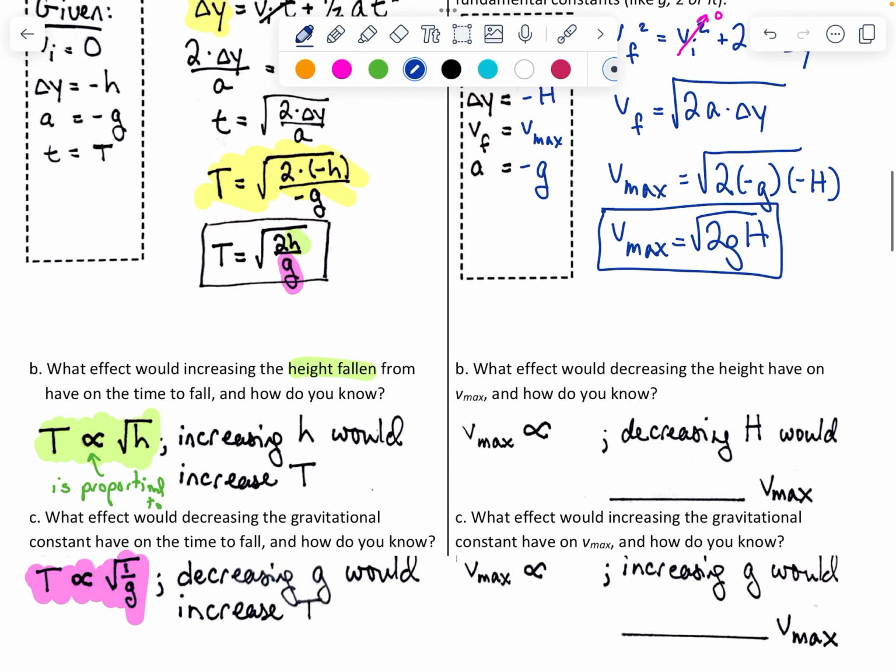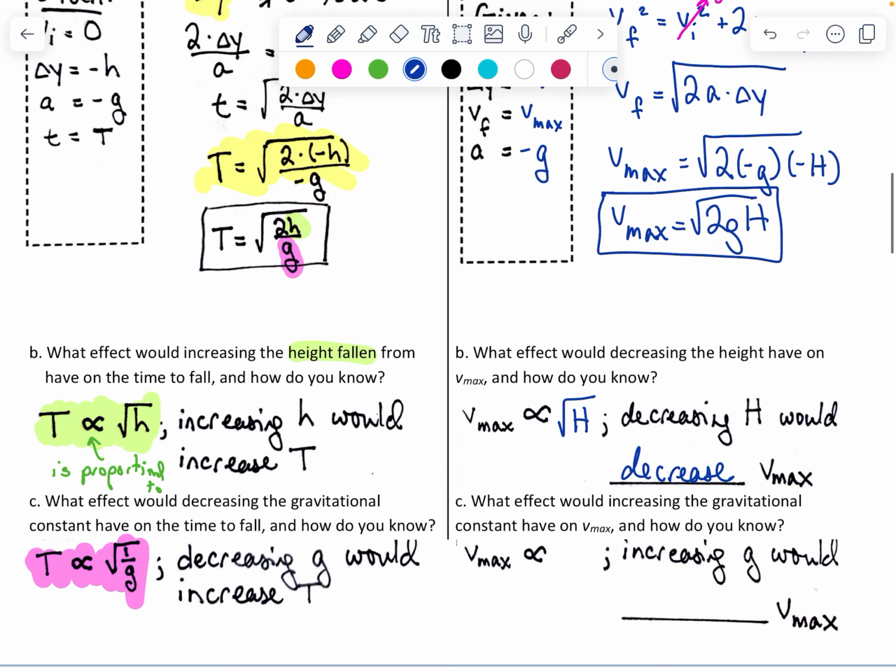Well, Vmax is proportional to square root h. So whatever happens to h, the same relationship would happen to Vmax as far as increasing or decreasing. So if h gets smaller, Vmax would get smaller as well. What effect would increasing the gravitational constant have on Vmax? Well, Vmax is also proportional to square root g, so increasing g would increase Vmax.